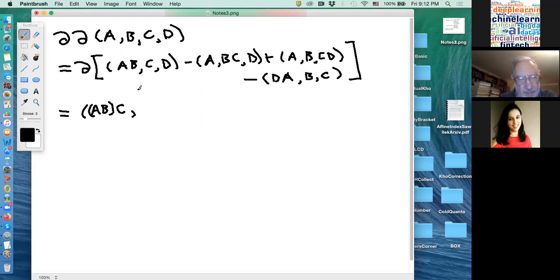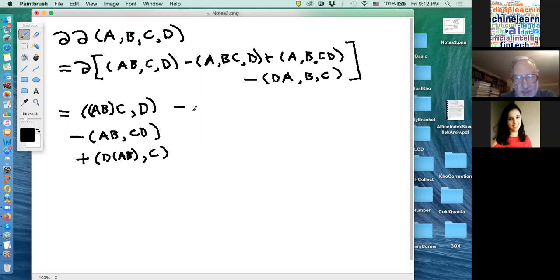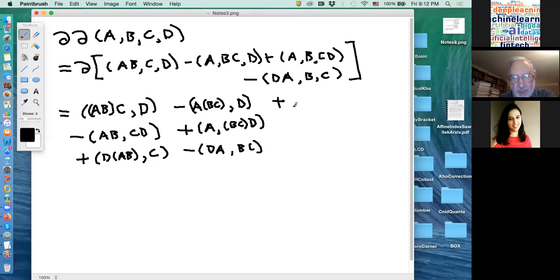(AB)C, then D, that's the first one, gives me 2 rather than 3, then minus AB, CD, and then plus D, AB, C. The next one, minus A times BC, comma D, plus A, BC, D, and minus DA, BC.